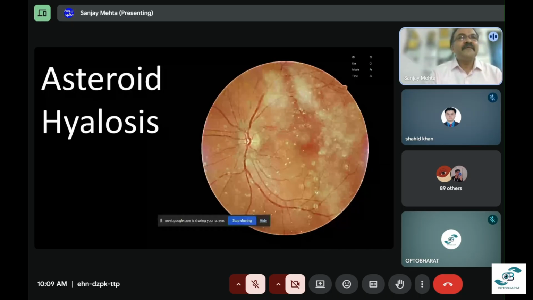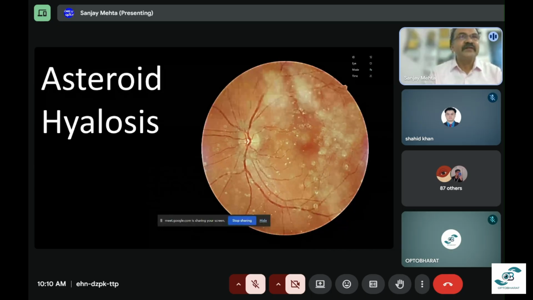Unfortunately, his pupil was so small that I could not take his retina pictures properly. But then he came again after 4 months. He said, I went and met a cardiologist friend of mine. It turned out there were blocks again.